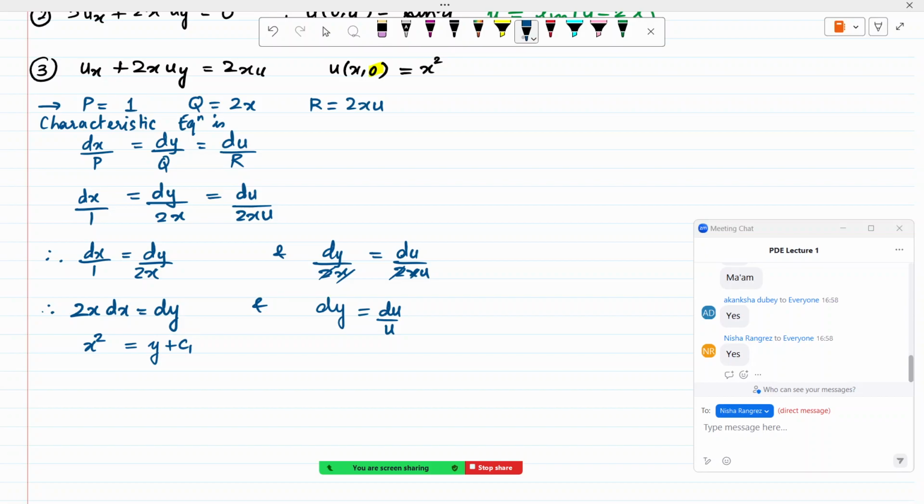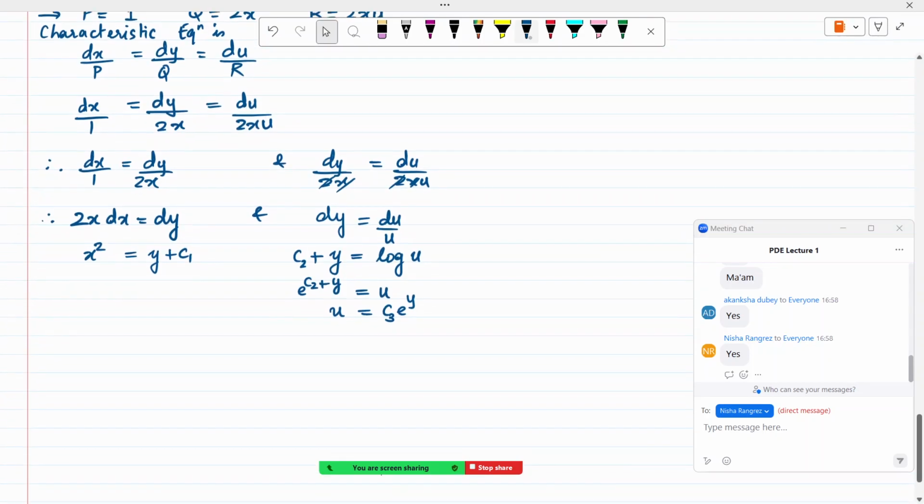The constant could be on both the sides, no problem. Here I'll have y is equal to log u plus c2. Let me add c2 on the y side itself. You can add it on both the sides. So u is equal to e raised to c2 plus y, or u is equal to e raised to y multiplied by c3, where c3 is nothing but e raised to c2.